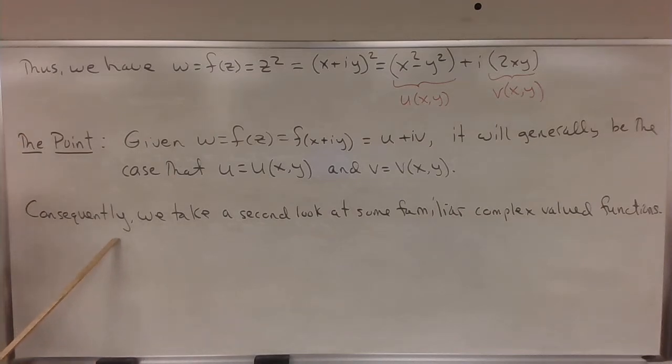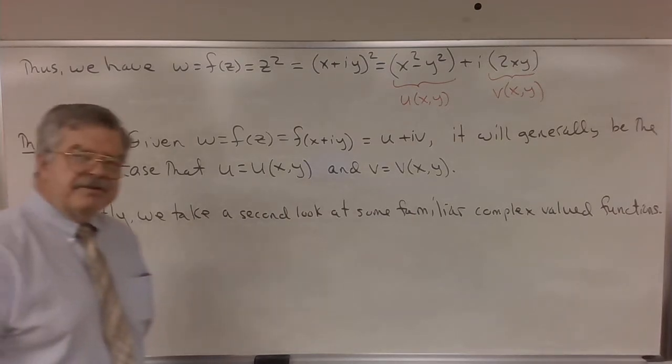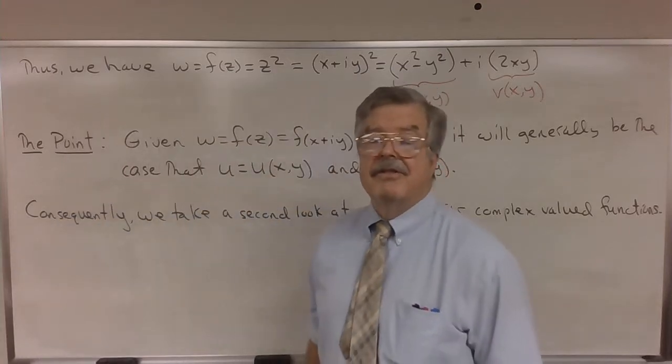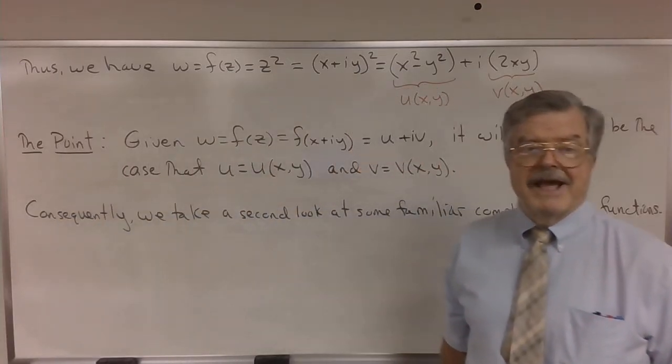And so what we're going to do now is take a second look at some familiar complex valued functions. In particular, we're going to look at the exponential function and the natural logarithm.